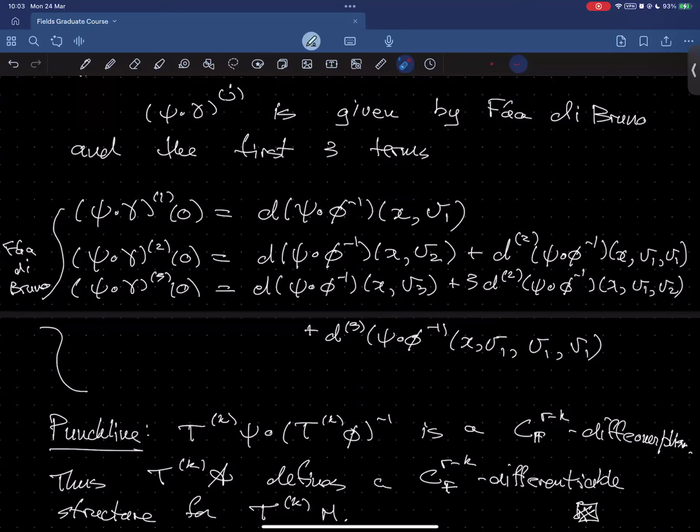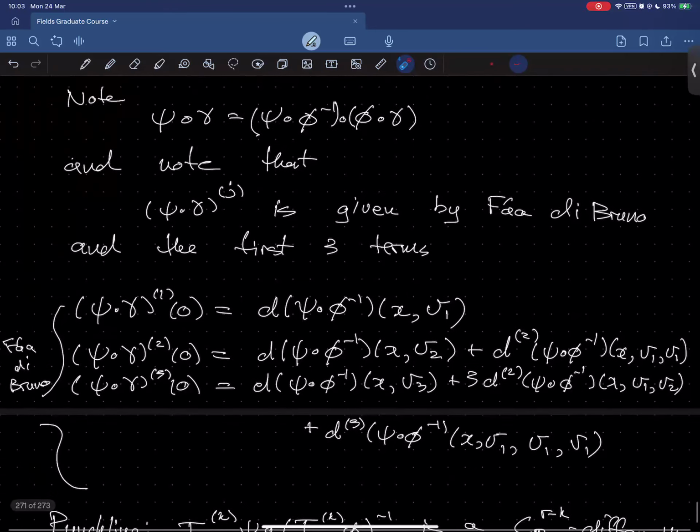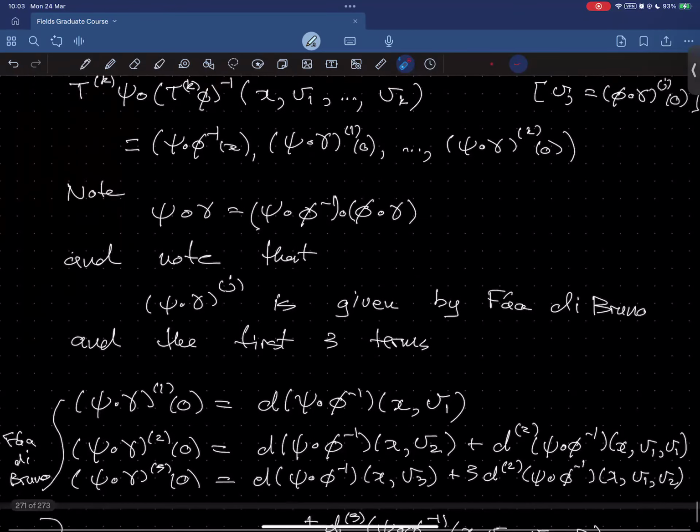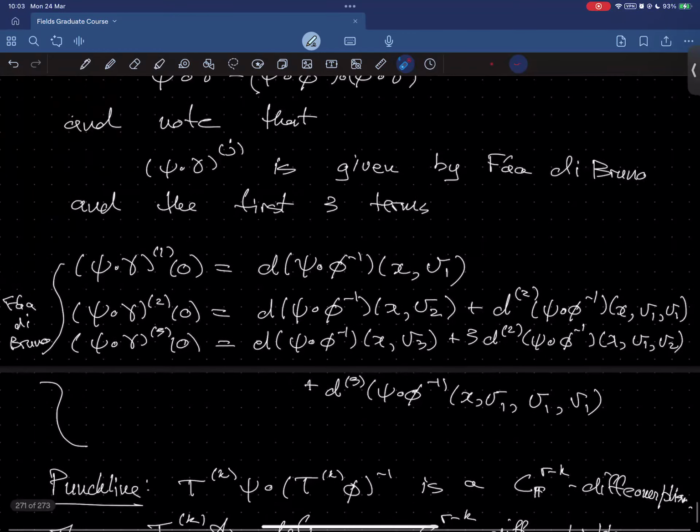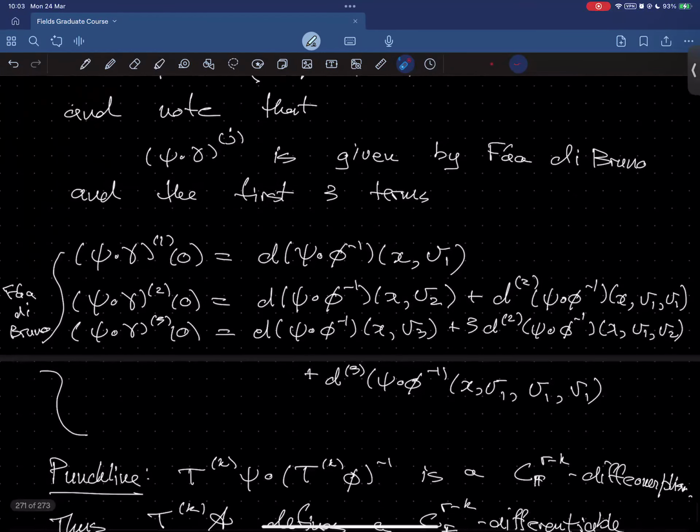In order for it to be a vector bundle atlas, it should be linear in these bits, so linear in V1 up to Vk. But it's not. The first derivative is certainly linear in V1.